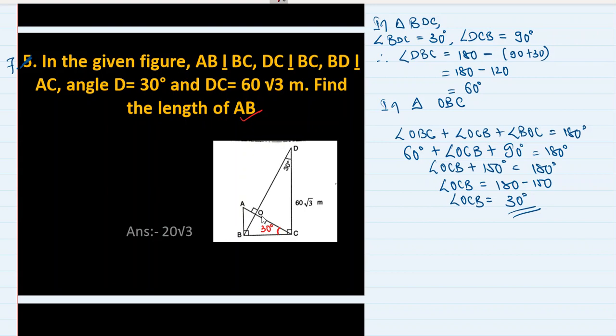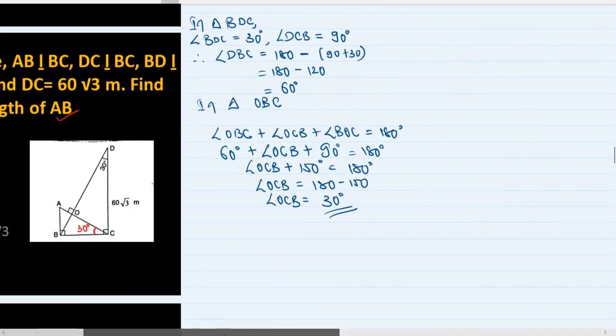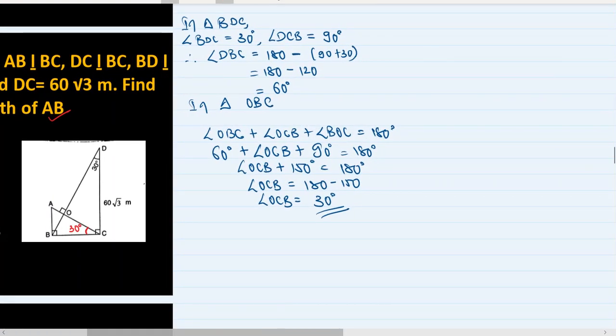But for that we need at least one length in triangle ABC. So let's find the length of BC first from triangle DBC.